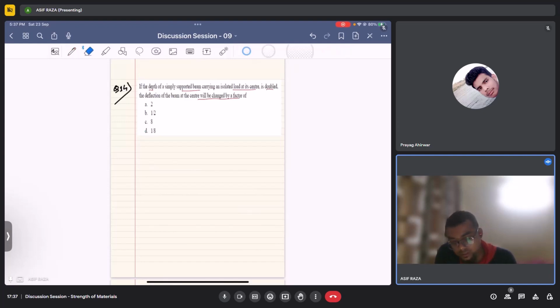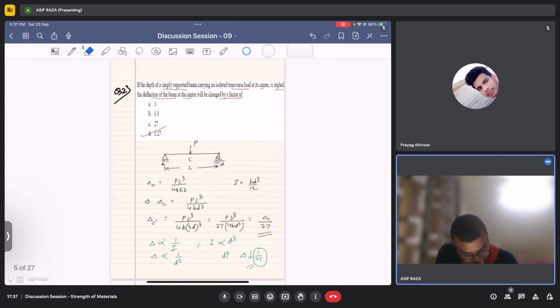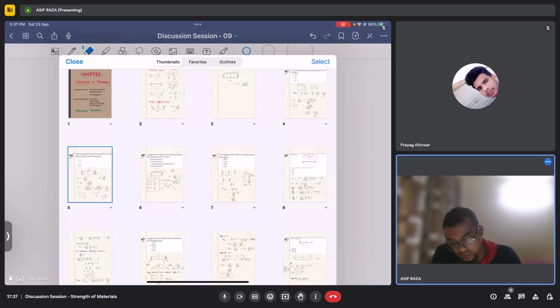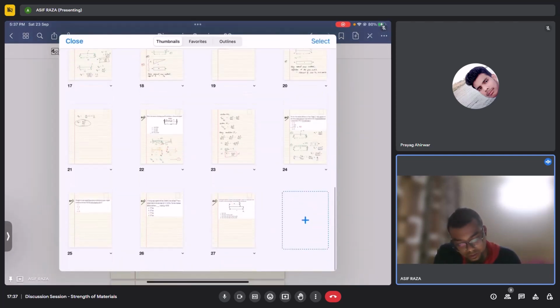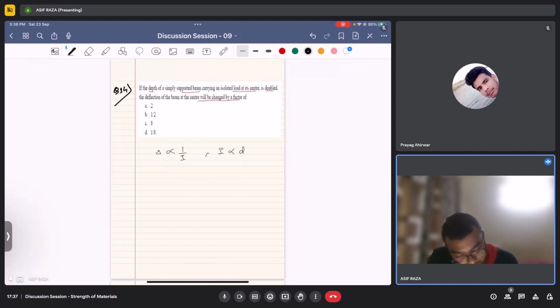So this is similar to question number 2. In that question, the depth was tripled, and in the current question, it says it's doubled. So if you just look into that, what we discussed earlier is that deflection is inversely proportional to I, and I is directly proportional to d cube, depth, right?